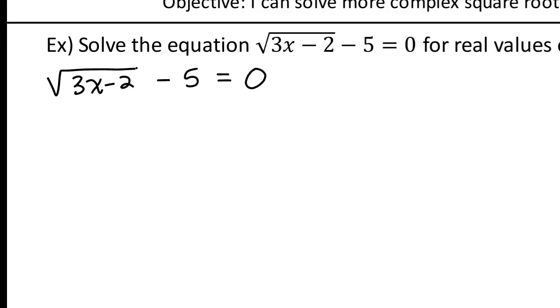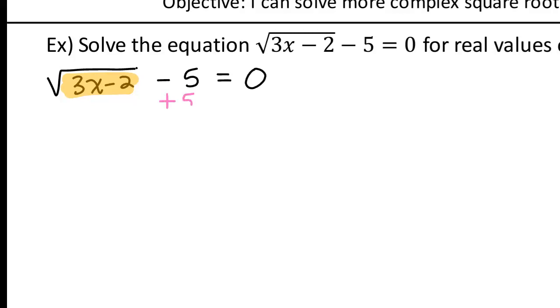Okay, so our first step again is to get whatever's attached to the square root by itself, so get rid of anything extra. I have that -5 left over. That's not on the inside of the square root, so we have to get rid of that -5 by doing what? Adding 5.